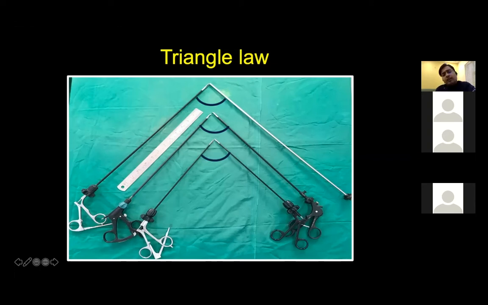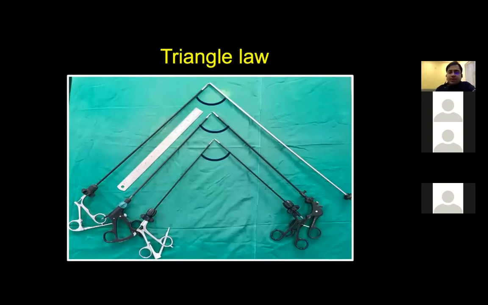To achieve that, you place it at 9 centimeters. So both lateral ports from the camera port should be 9 centimeters, which is nothing but your 4-finger rule, or measuring the tip of your thumb to your anatomical snuff box. By this configuration, you can achieve a manipulation angle of 60 degrees, an azimuth angle of 30 to 45 degrees, and an elevation angle that will always be less than 60 degrees.